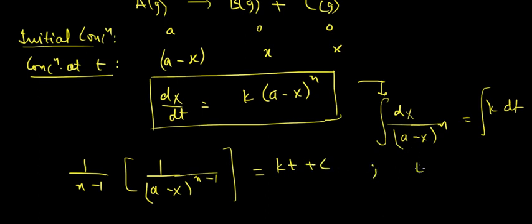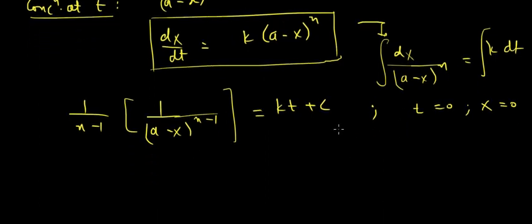Now when t equals 0, x would also be equal to 0, and from this we can calculate the value of c. So c would be nothing but 1 upon n minus 1 times a to the power n minus 1.